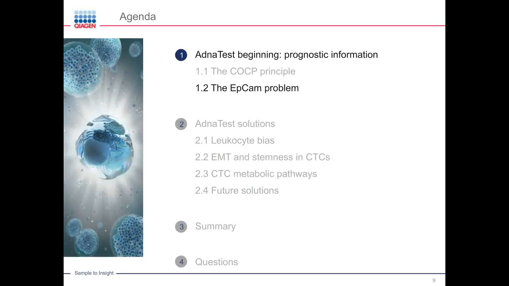Okay, let's come to the first challenge. And I already briefly mentioned that. This is the EpCAM problem. 16 years ago, actually in 2004, the world thought that EpCAM is the best marker to enrich and capture circulating tumor cells, which is partly true.